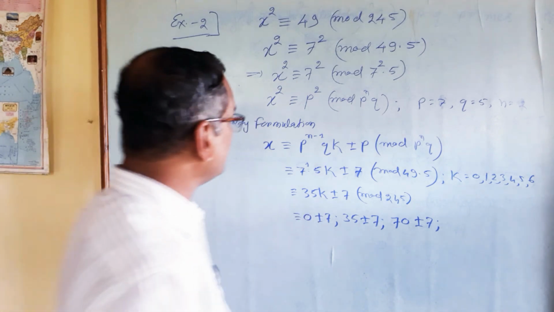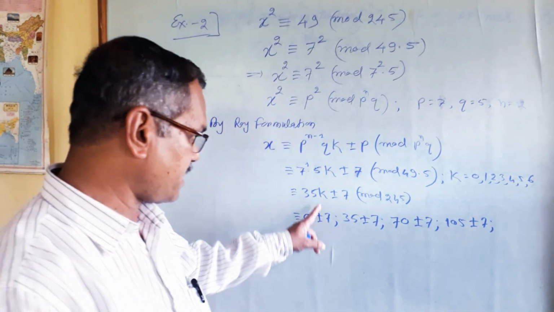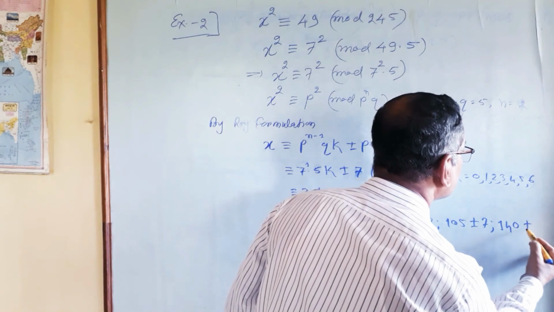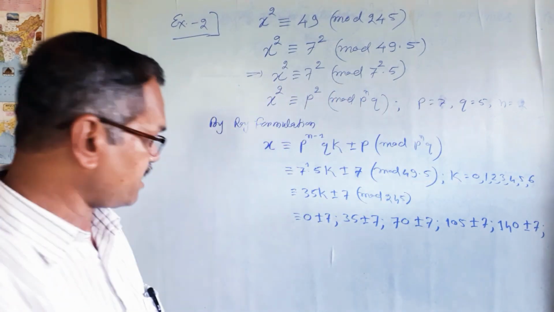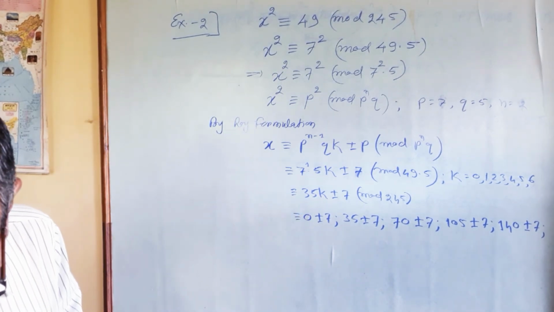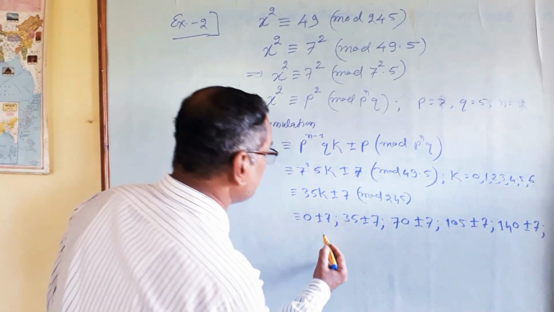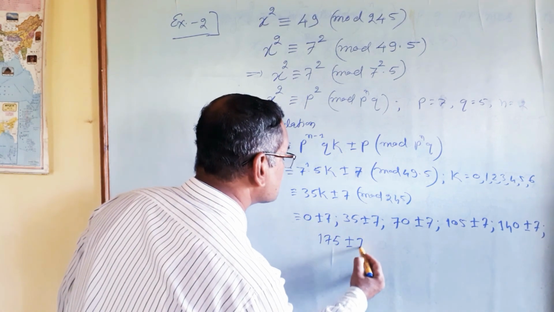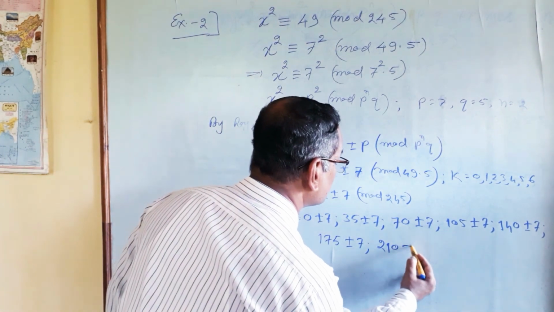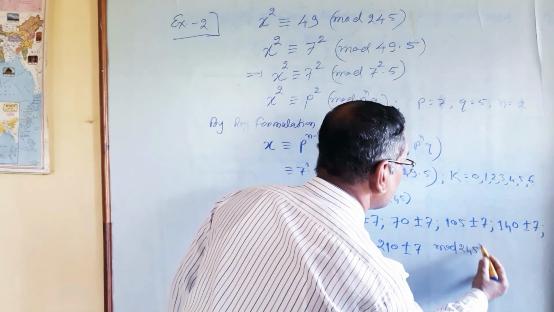Then for k equal to 3, that is 105 plus minus 7. Then for k equal to 4, 35 into 4 is 140, 140 plus minus 7. And for k equal to 5, that is 175 plus minus 7. And then k equal to 6 means 210 plus minus 7 mod 245.